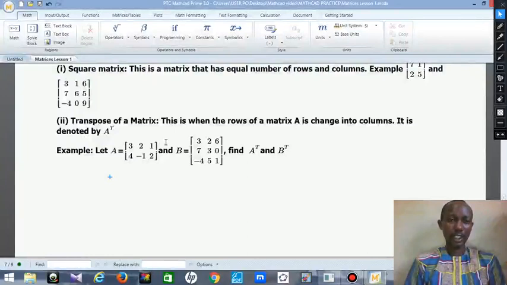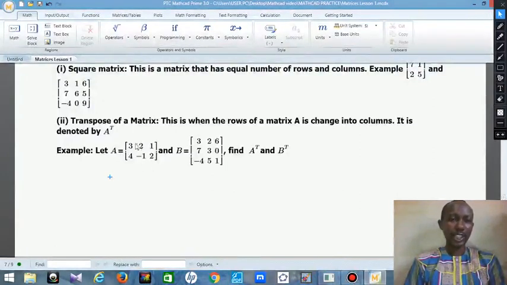Just change the first row to a column, change the second row to a column, then it will now be the transpose of the matrix, and we use this symbol to denote it: the matrix raised to the power capital T. So when you see in any exam that they say find the value of, and you see the matrix raised to the power capital letter T, you know that is the transpose.